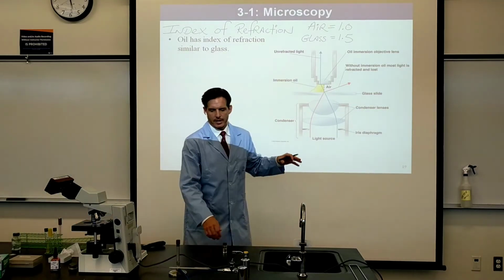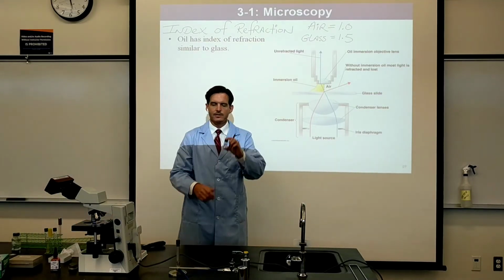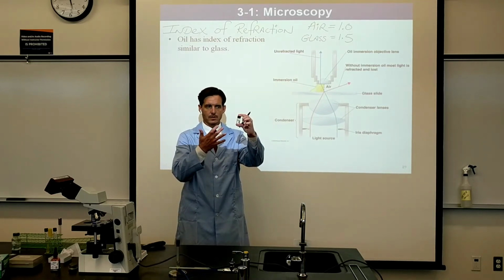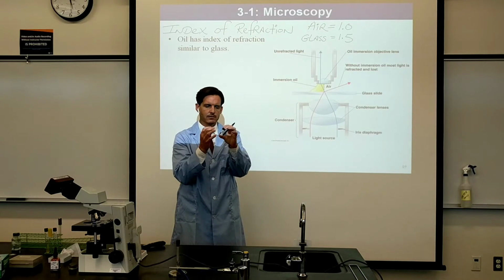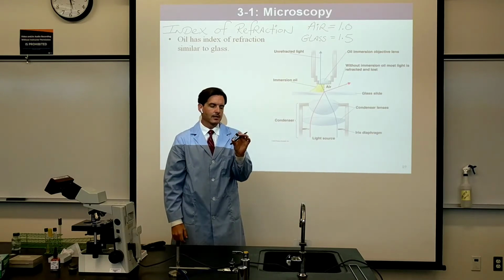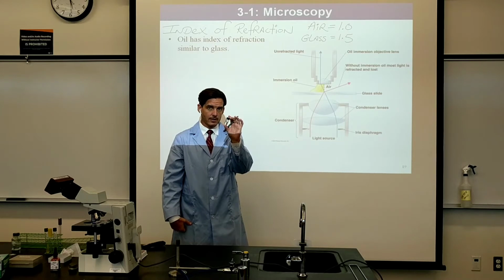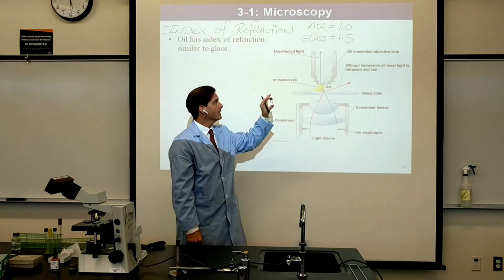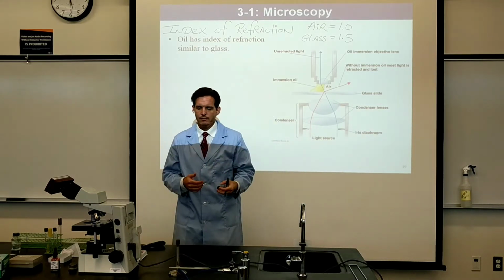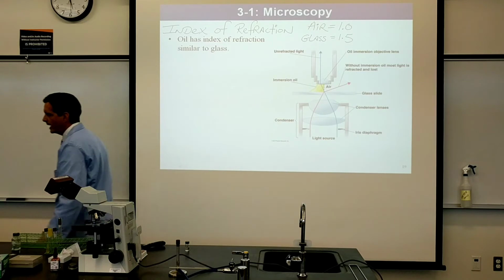Glass bends the light more. And we can see that, even though the glass is clear, light bends around it and interacts with it differently. Now, the immersion oil has the same index of refraction as the glass. And so we refer to the oil as functioning like liquid glass.